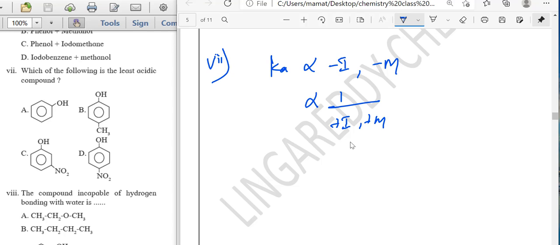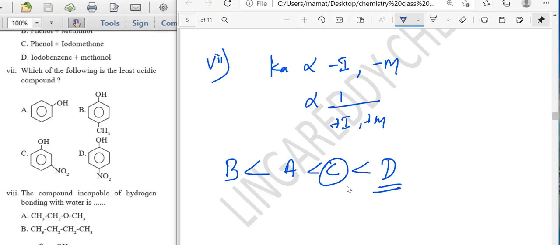If plus inductive and plus mesomeric group is there, that means less acidic nature. So here B will be the least, then better is A, better than that C, better than that D. Why C and D?